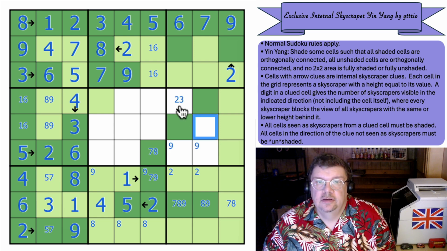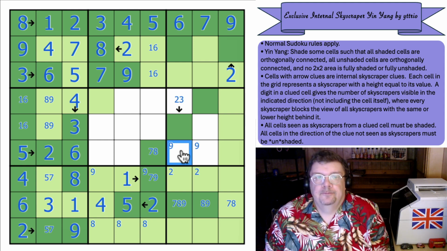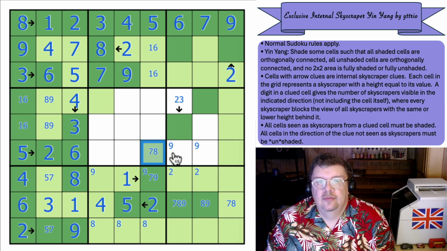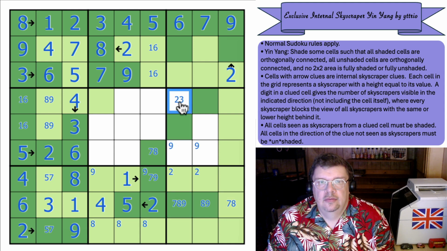That would be unshaded. That would be shaded. Okay, if that were a 9, what would that mean? If that's 7, that's 8, that's 9, that's 8, that's 7, that's 9, that would be 8, that would be 3.